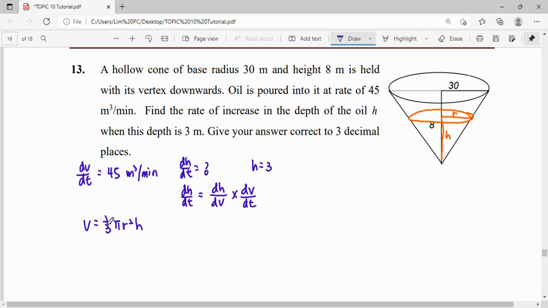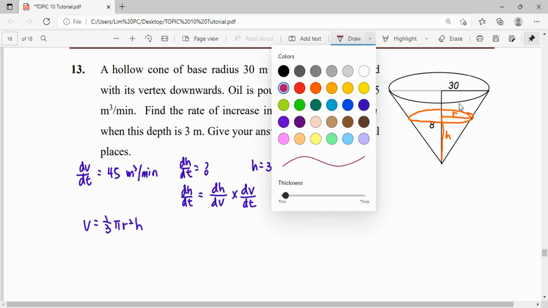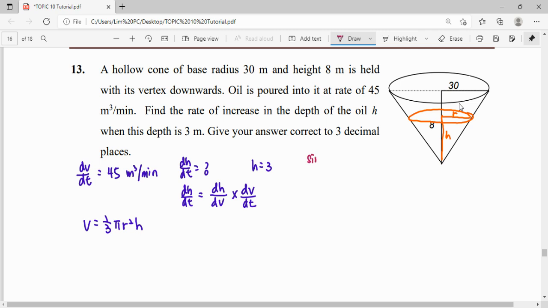In order to change our formula in terms of H, we have to find the relationship between R and H. We can use the concept of similar triangles. As we can see in the diagram, we have two triangles.